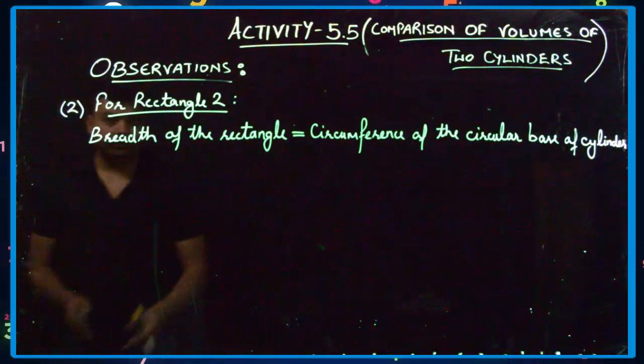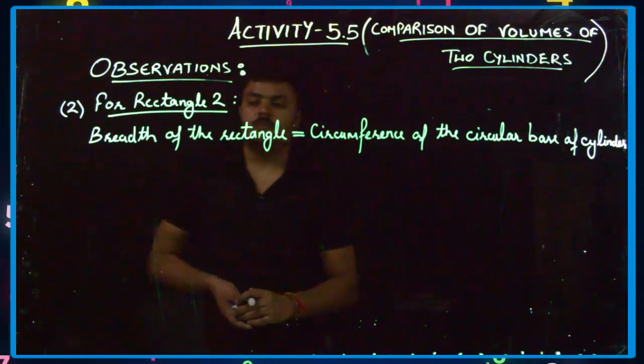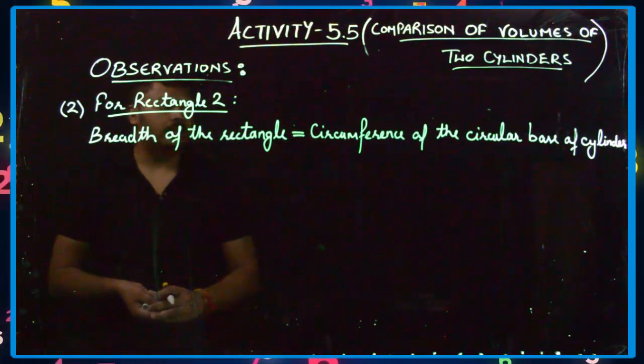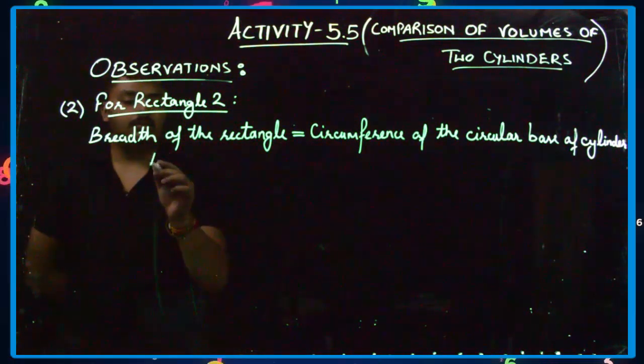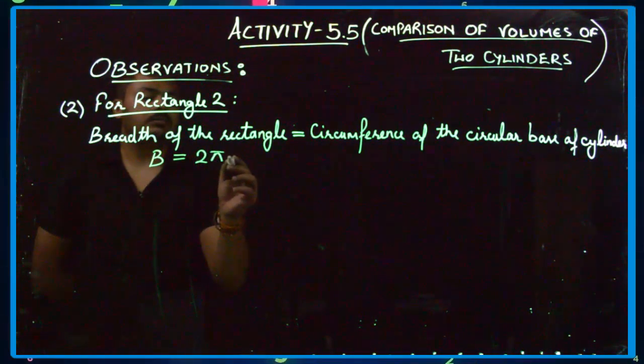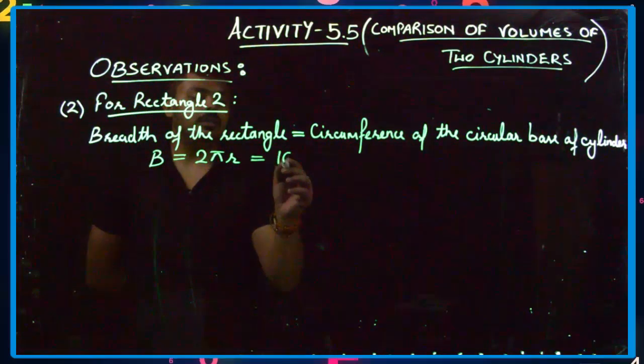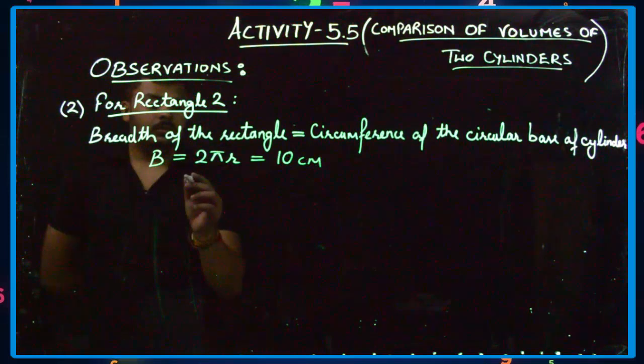That is, we have curved the rectangle along its breadth. So B equals 2 pi r equals 10 centimeter.